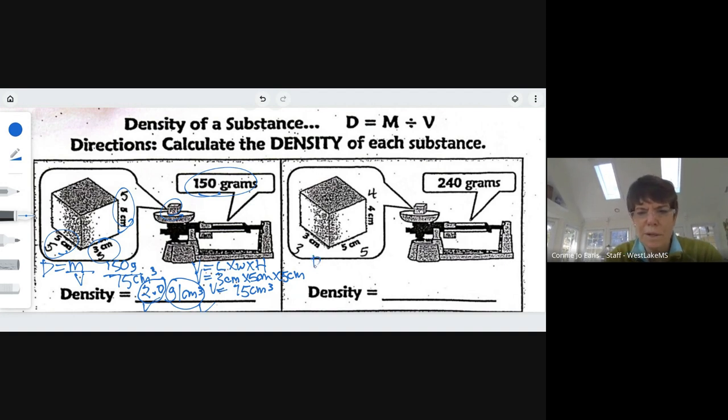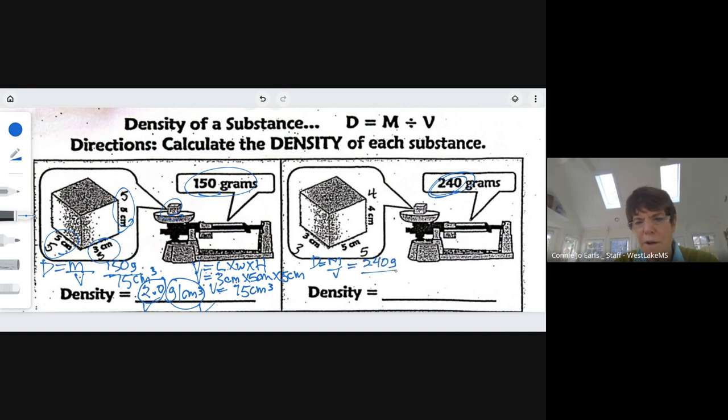Okay, we know that density is always mass divided by volume. In this case, our mass is 240 grams. So we say 240 grams divided by my volume. Well, my volume is length times width times height. Here's my length, here's my width, and here's my height.